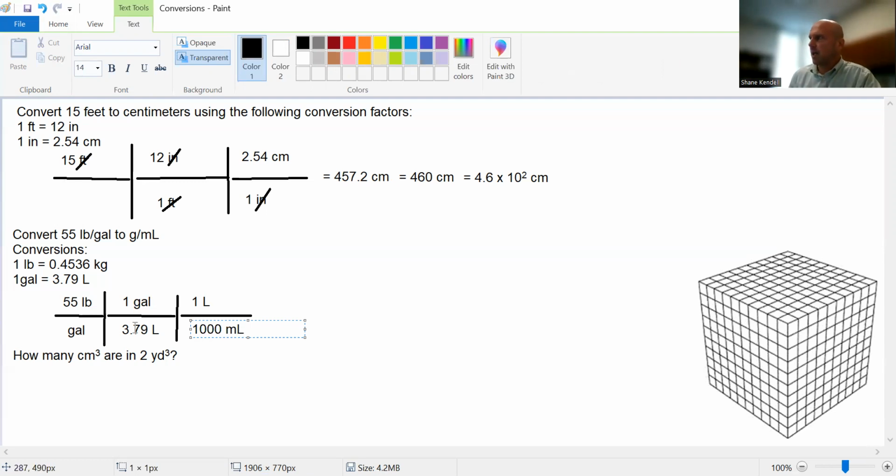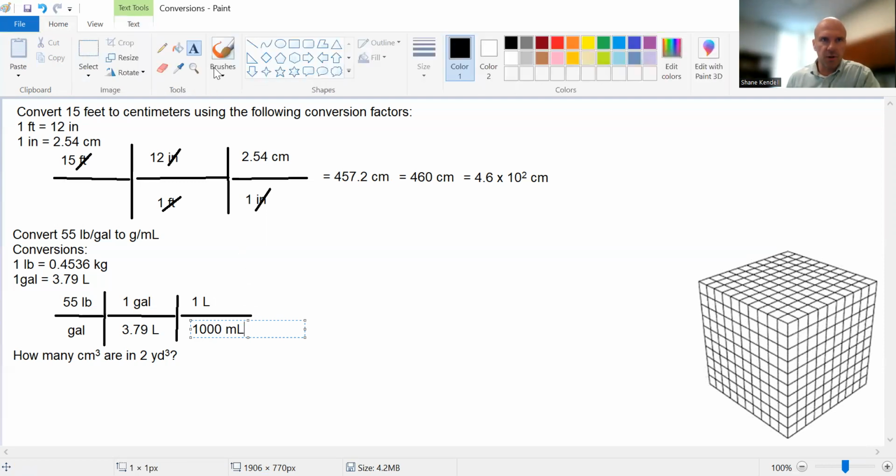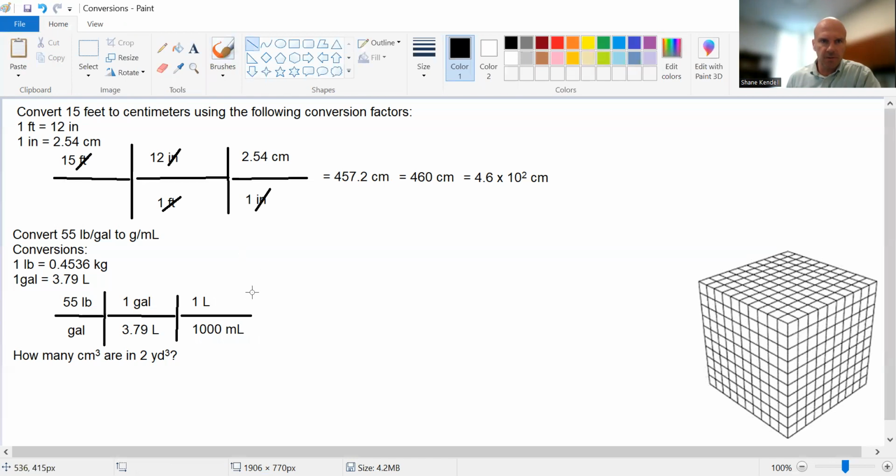Okay, now I've got my liters crossed off. And at this point, if it's becoming a little bit less obvious what's going on, maybe we might cross a few of these off so you can see the approach. And it's always good to cross off to double check. So as I said, we've got rid of the liters here. We got rid of the gallons here. So currently, as it stands, our units are actually pounds per mil or milliliter, pounds per milliliter.